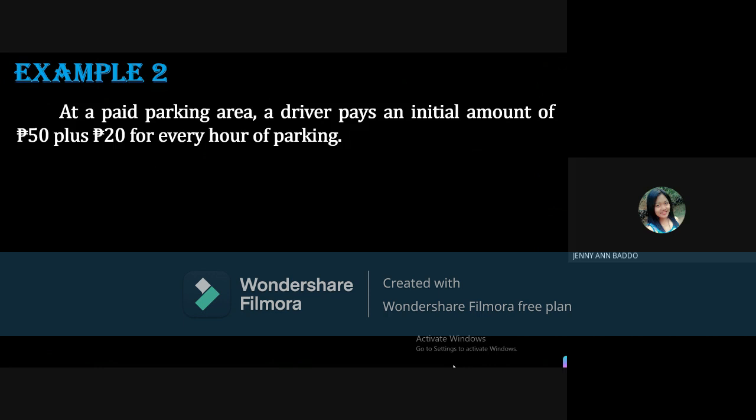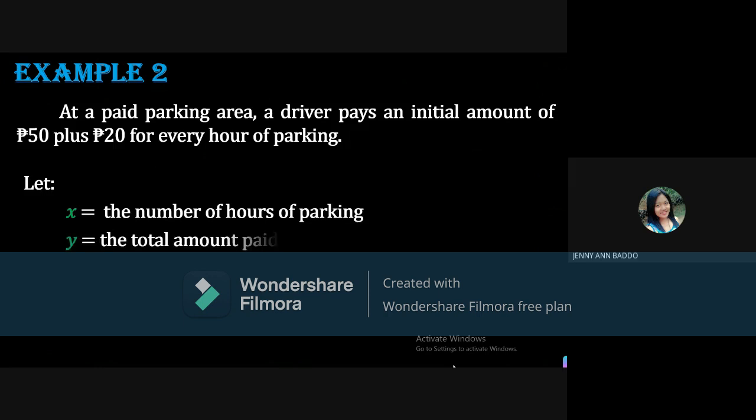Most of the time, the amount to be paid is the dependent variable because it depends on something. We are paid because of something we give or offer. So in this case, the independent variable is the number of hours of parking and the dependent variable is the total amount paid at the parking area.